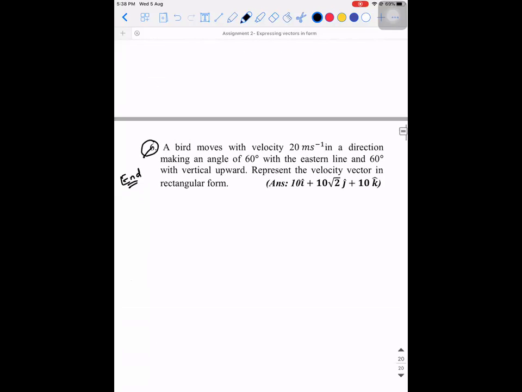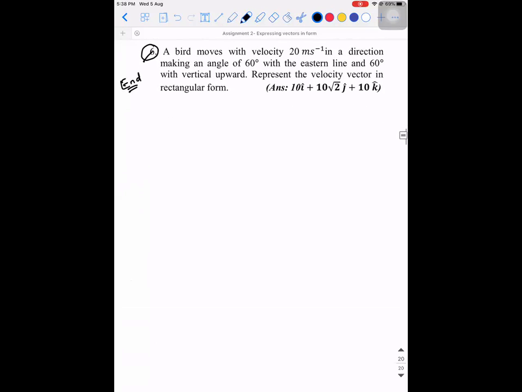Sixth question, sir. Okay. There is a bird that moves with a velocity of 20 meters per second in a direction making an angle of 60 degrees with the eastern line and 60 degrees with the vertical upward. Represent the velocity vector in the rectangular form. Okay, so let me draw it diagrammatically.